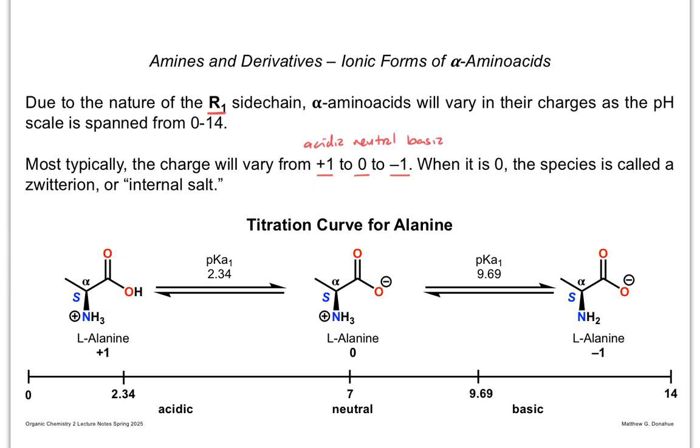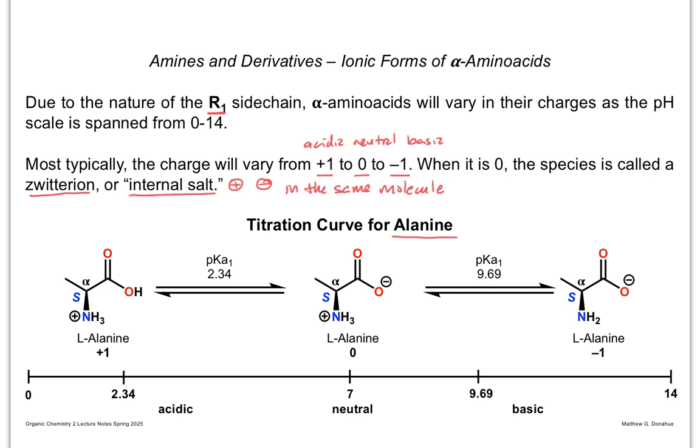When you're neutral, there's a special name given to the structure of the amino acid, and that's called a zwitterion. A zwitterion is basically an internal salt. So you have a plus charge somewhere, and then you also have a negative charge somewhere in the same molecule. That's called a zwitterion.